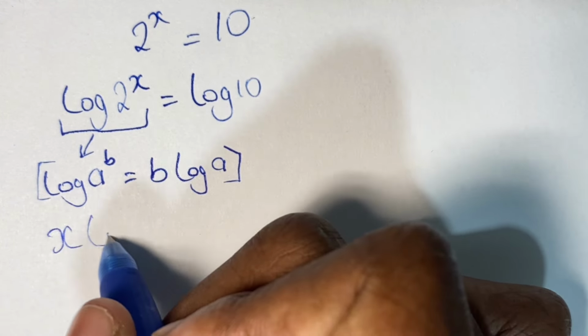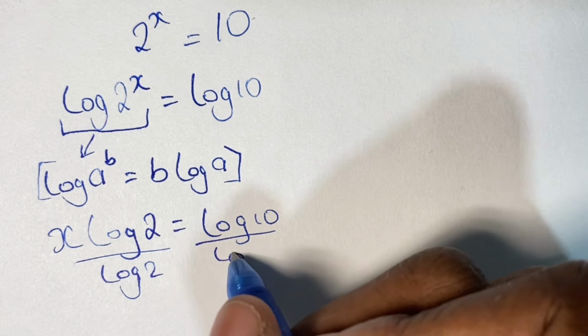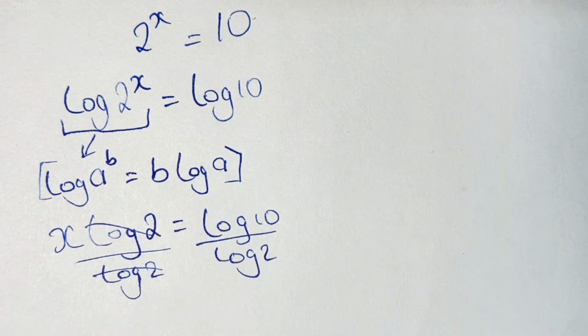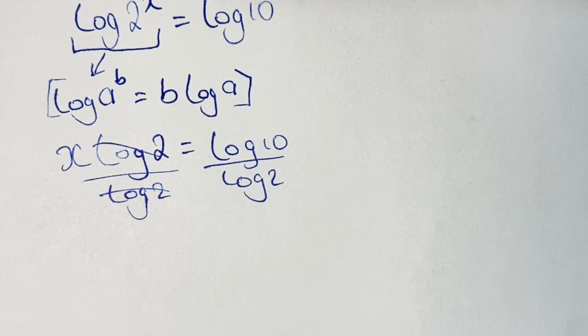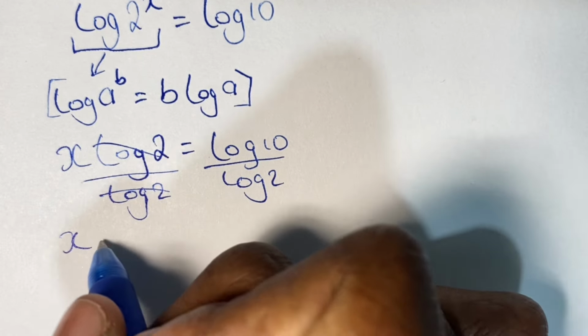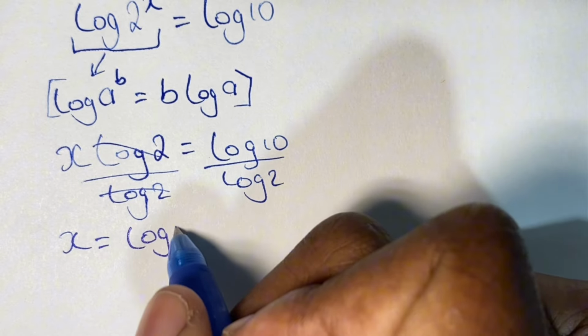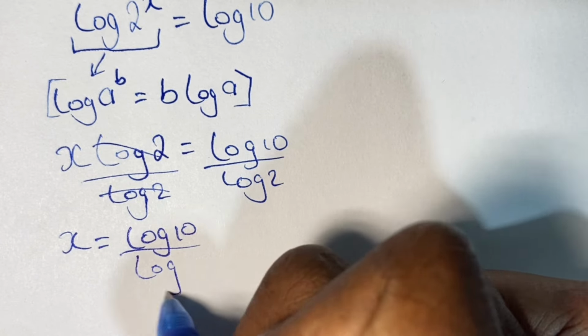So using this rule, we would have x log 2 is equal to log 10. And then from here we divide both sides by log 2. So that means that log 2 will be cancelled out on the left, which then means that we would have x is equal to log 10 over log 2.